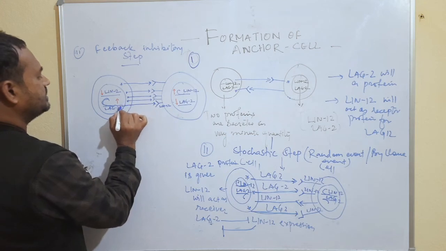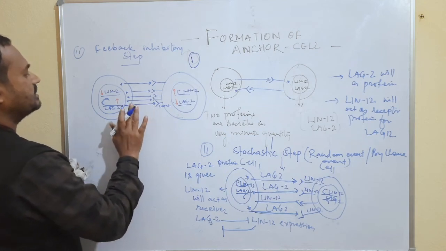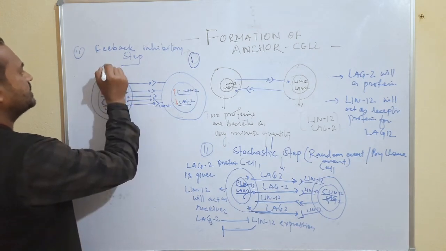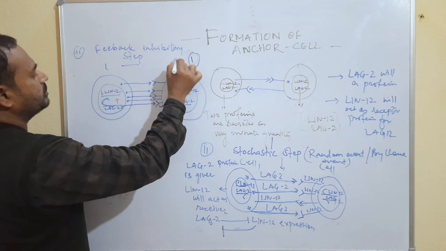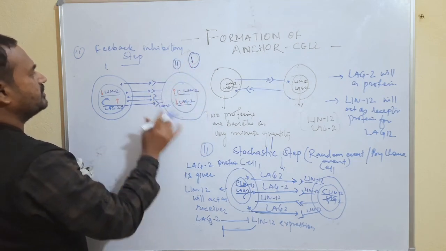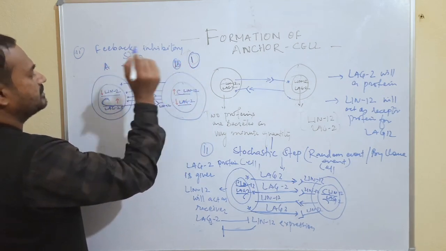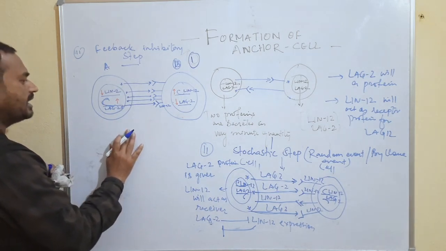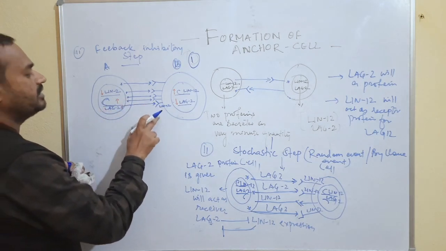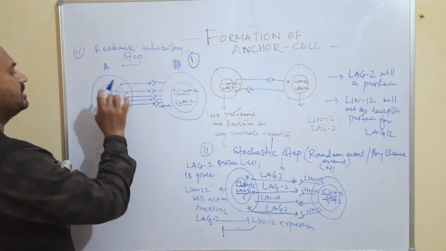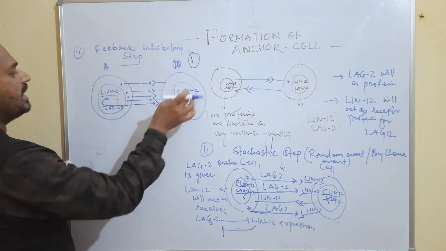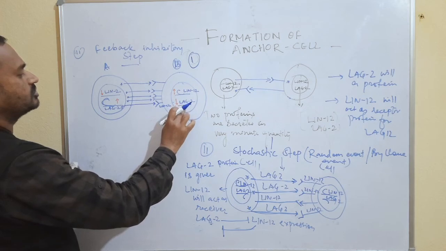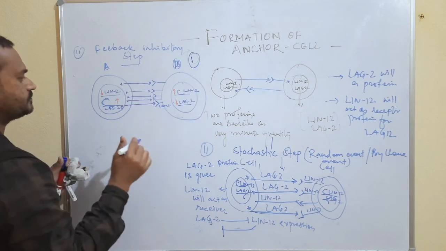You can say here in this figure that lag-2 is being produced by this one cell and lin-12 is produced by these two cells, means A cell and B cell. Now it is clear that lag-2 will inhibit the formation of lin-12 protein in this cell, and lin-12 protein will inhibit the formation of lag-2 in this B cell.